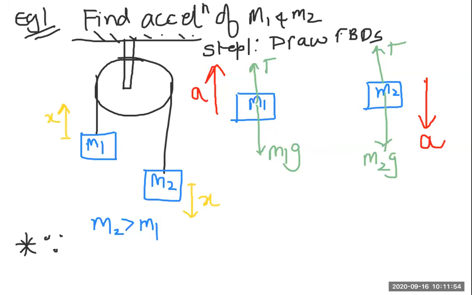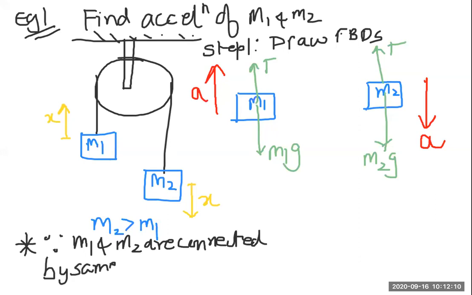Since M1 and M2 are connected by the same string, tension is same. Same string, same tension. Different string, different tension.